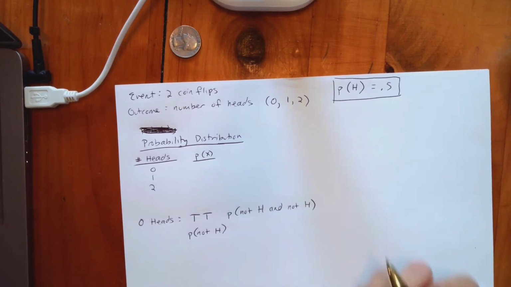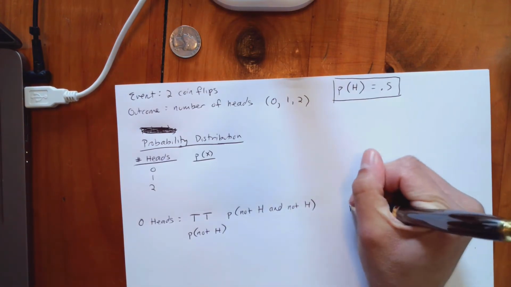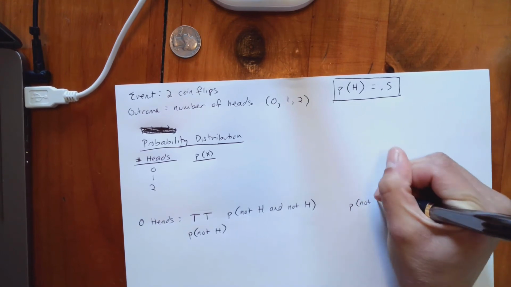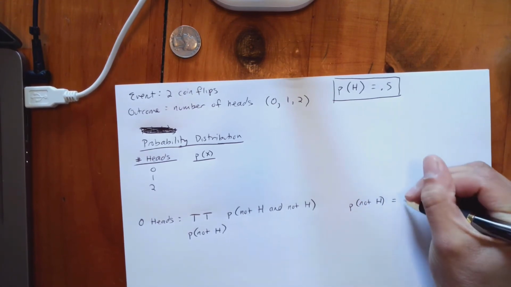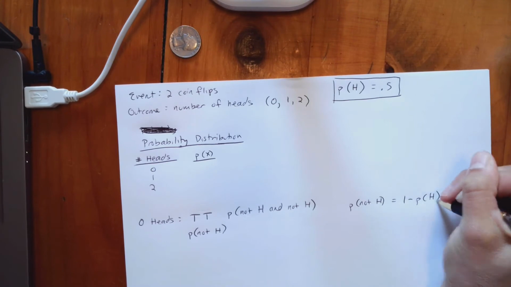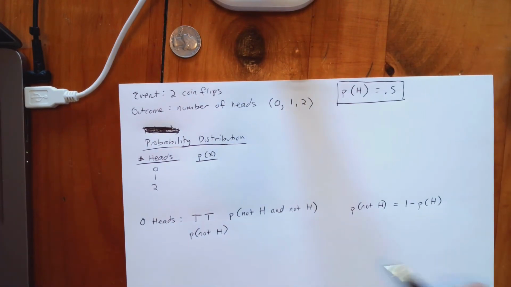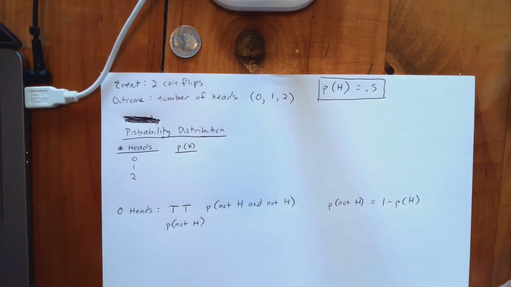So here we're going to be looking at the probability of getting not heads and then the probability of getting not heads again. Our probability of getting not heads is going to be equal to 1 minus the probability of getting heads based on the converse rule.